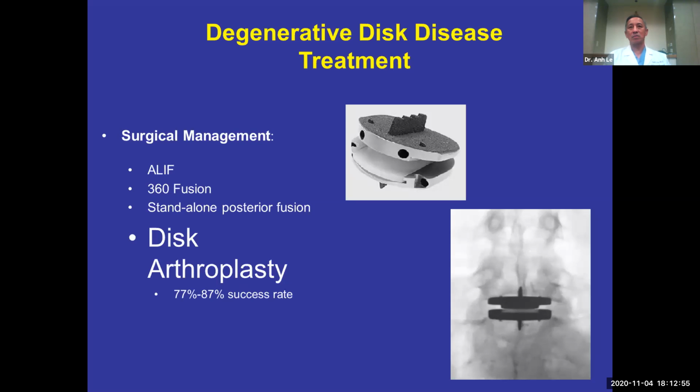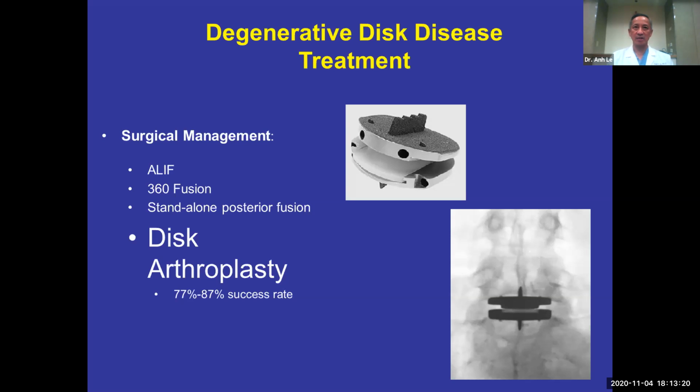Well, people were thinking, if we fuse the spine, right, we subject the next level to more movement and higher force, and therefore they could wear faster, also known as adjacent level degeneration. And why don't we try to preserve the movement in that bad disc?